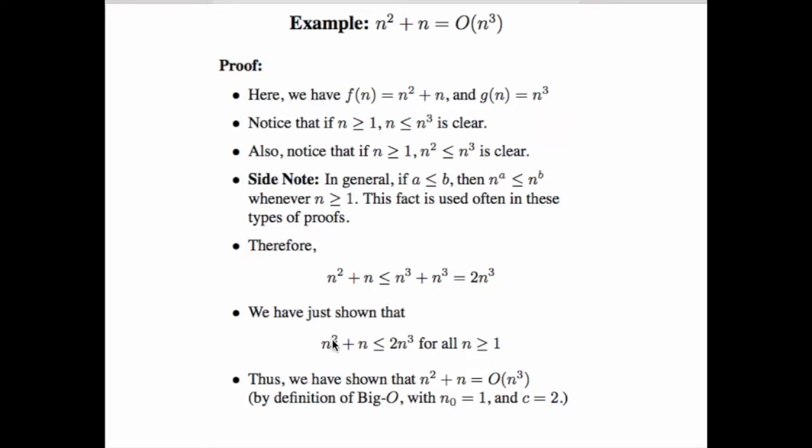So makaka-establish tayo ng something of the form n squared plus n, which is equivalent to our f of n, and n cubed times some constant. Ang constant natin dito is 2 for all n greater than or equal to 1, which is yung in-specify natin kanina. Thus, we have shown that this holds with n sub 0 equal to 1 and c equal to 2.